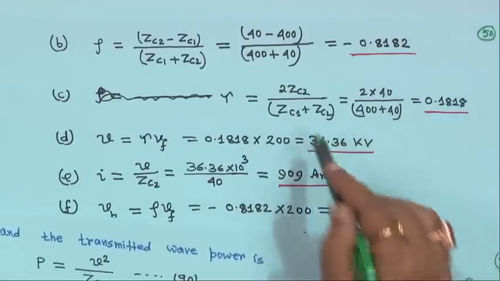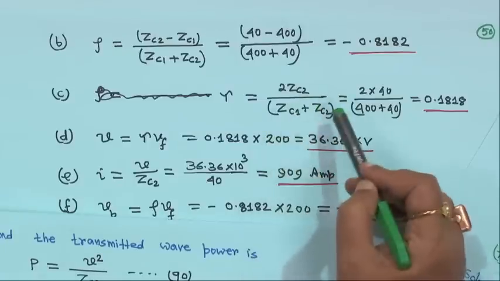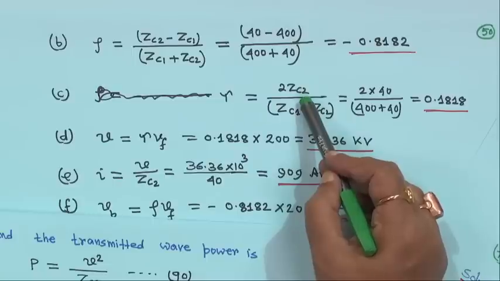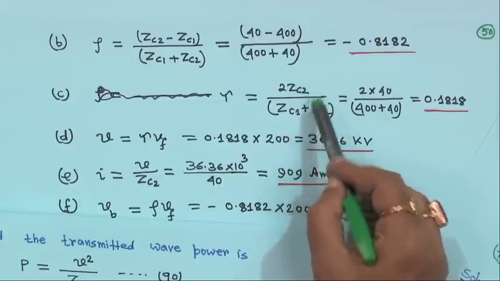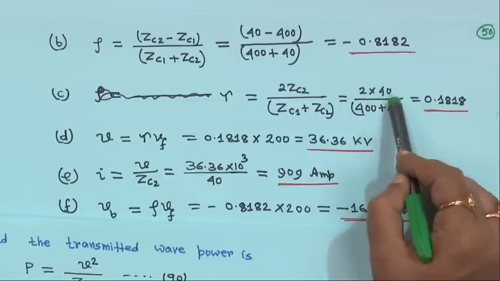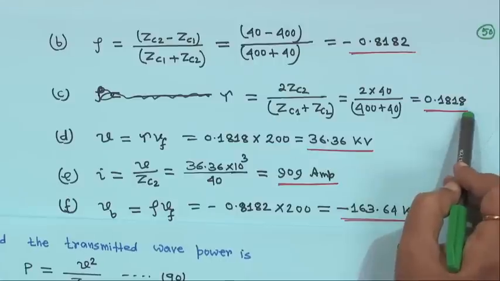When refraction means you take the other side of the junction, its characteristic impedance. So, that is actually ZC2, very easy to remember that way. So, 2 into 40, because the cable surge impedance is 40, upon 400 plus 40, is equal to 0.1818.